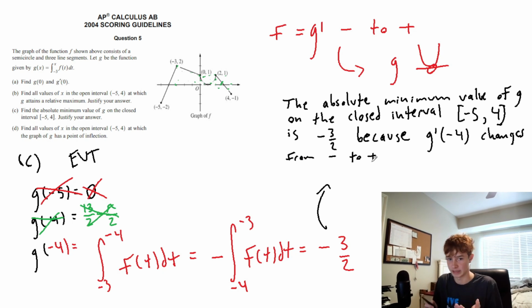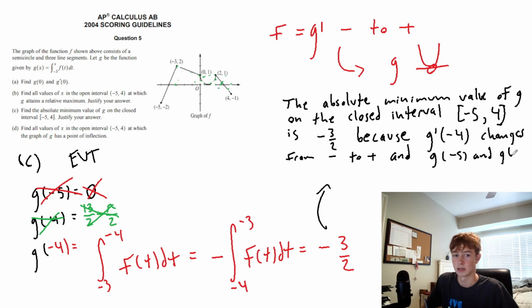So therefore it's a candidate for the absolute minimum. And because it's implied, you can just write and, g of -5 and g of 4 are both greater than g of -4.